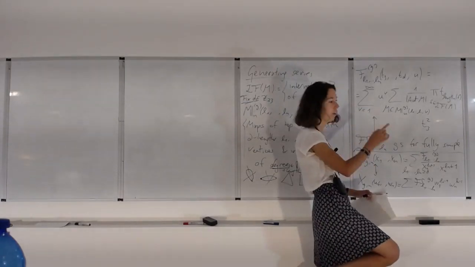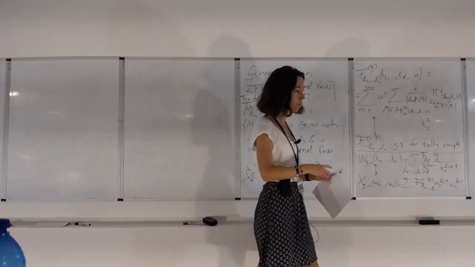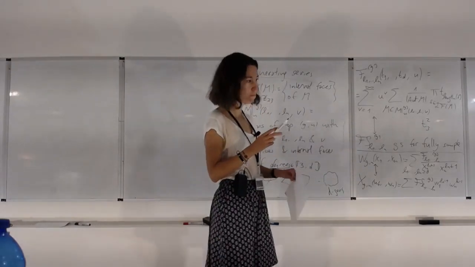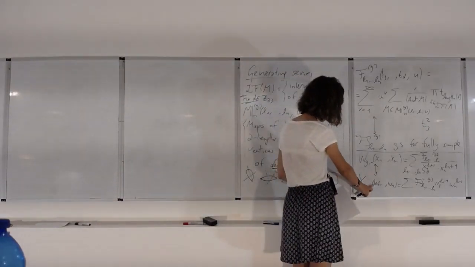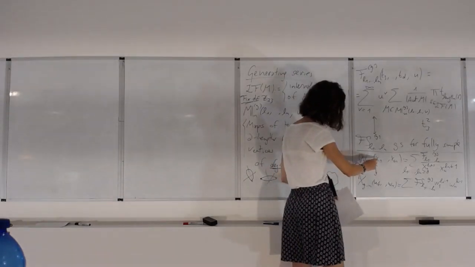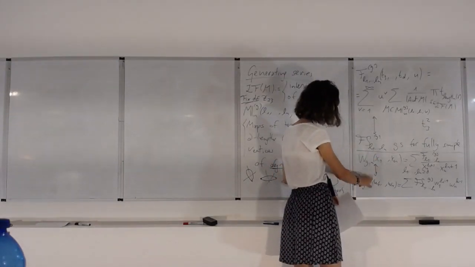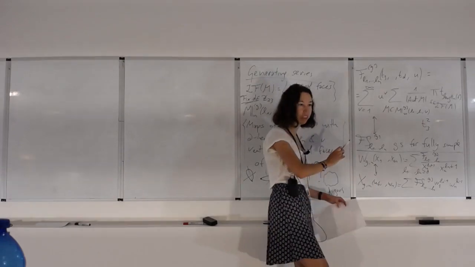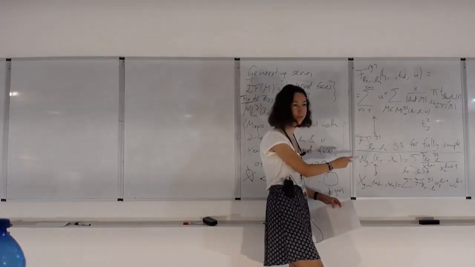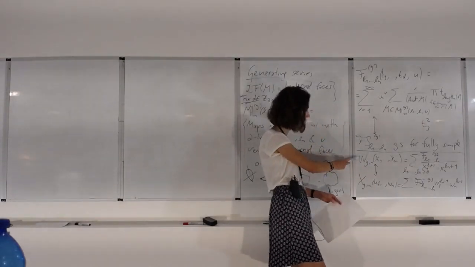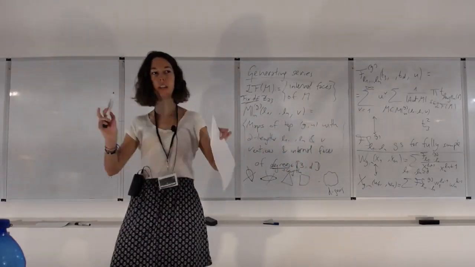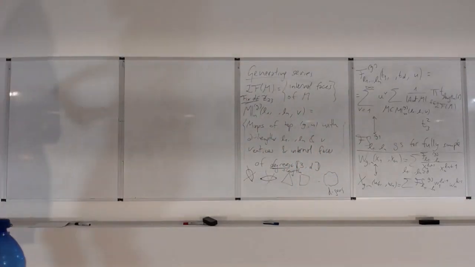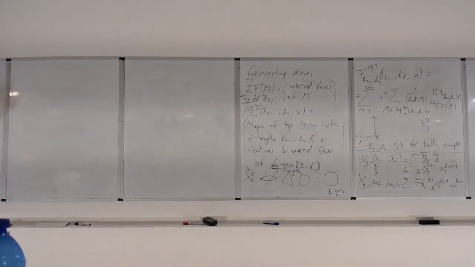Now I'm calling correlators the W_{g,n}. These X's are small x's, and these W's are small w's, but it's not a coincidence that this is called W and this is called X, because these will be like dual objects. That's why I'm putting the same names for the variables.